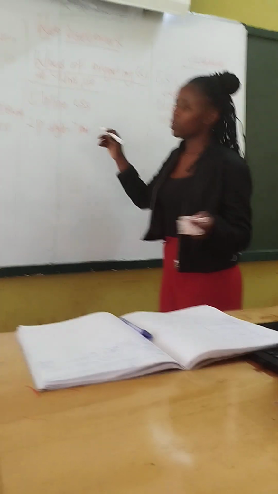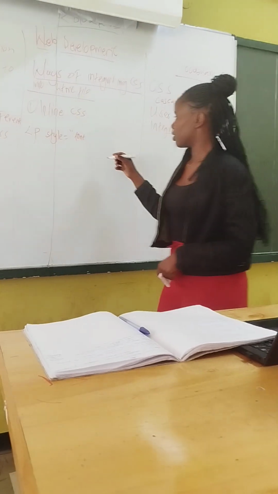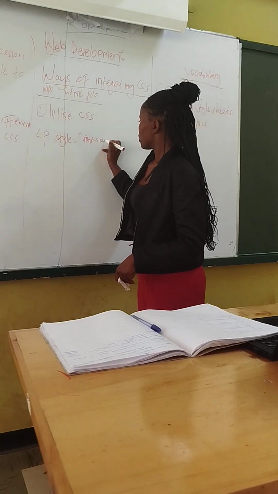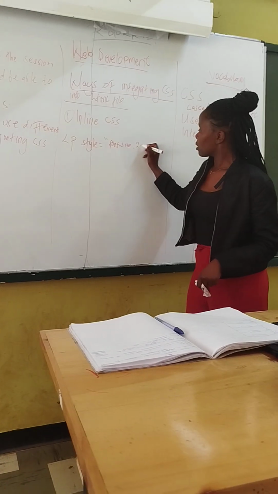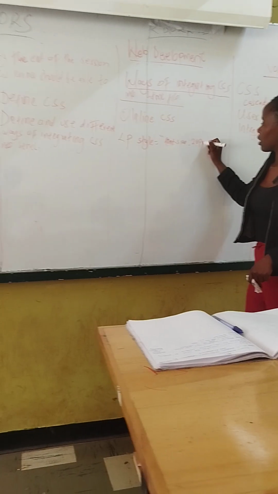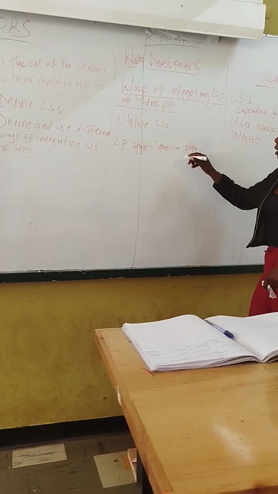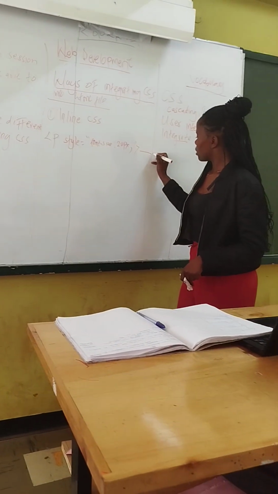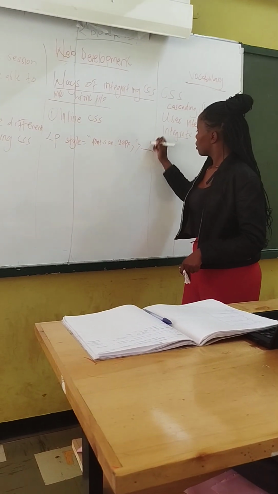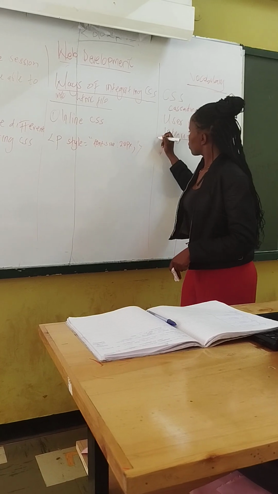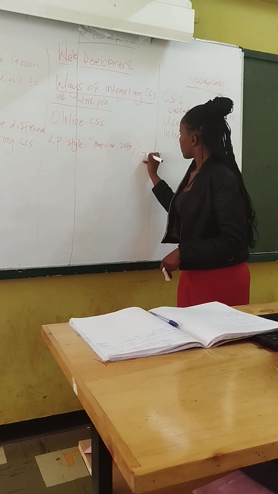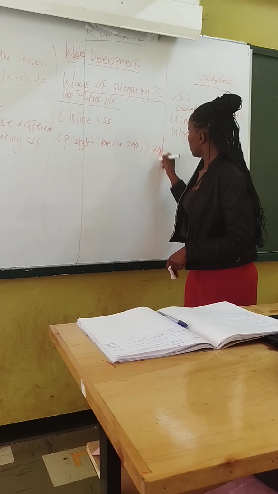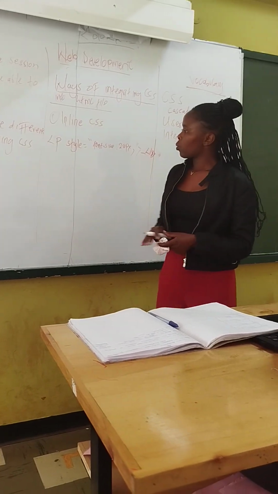You want your paragraphs to appear larger, so the font size is going to be like 20 pixels. Then you close your tag after writing. Okay? So that is one way.